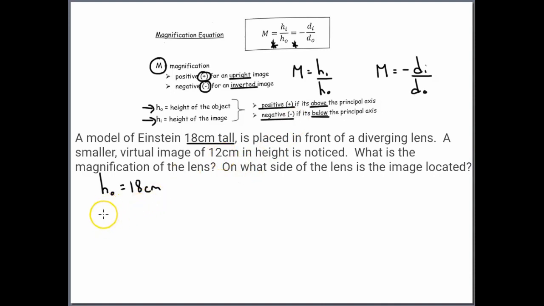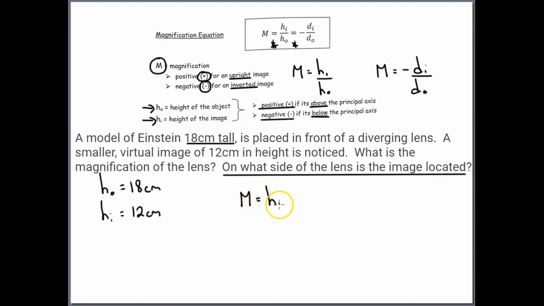So the virtual image HI is going to be 12 centimeters. What's the magnification of the lens? Also, on what side of the lens is the image located? Since it's a diverging lens and we get a virtual image, you should know that the image will be on the same side as the object.